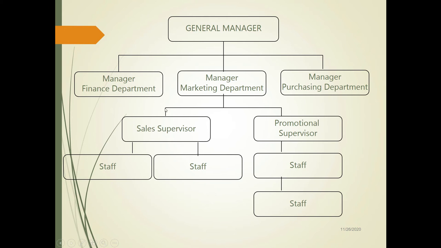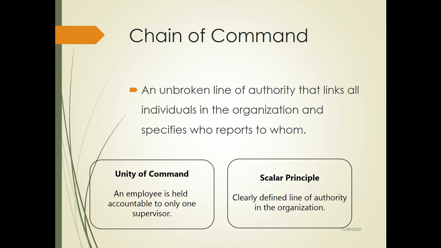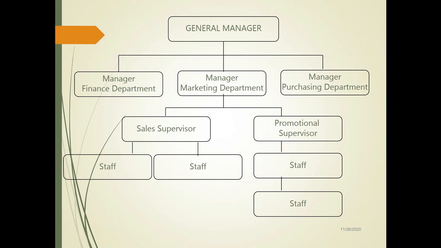In this case, this staff member here is held accountable to the sales supervisor, not to the promotional supervisor. We mentioned earlier that there is a clear line of authority in the organization. So in here, there is a clear line of authority.